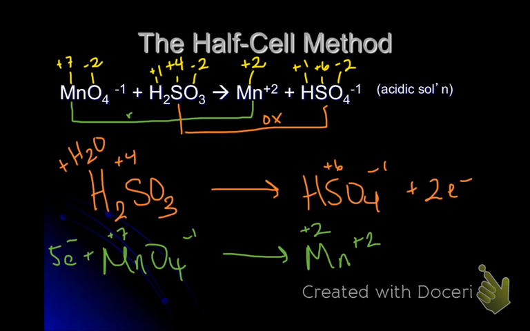Okay. Now you can do H's. So on the left versus the right, start with the left. How many H's on the left do you have? 4. Yeah, you have the 2 from the water, and then you have 2 from the H2SO3. That's 4. On the right, you have 1, so you need 3 more.